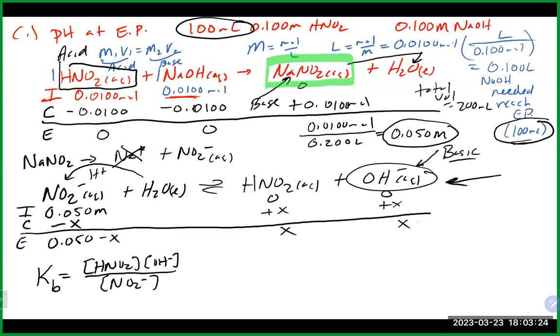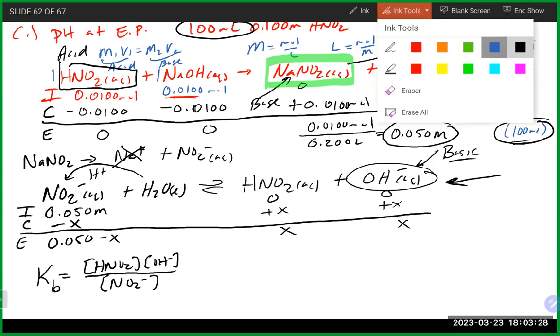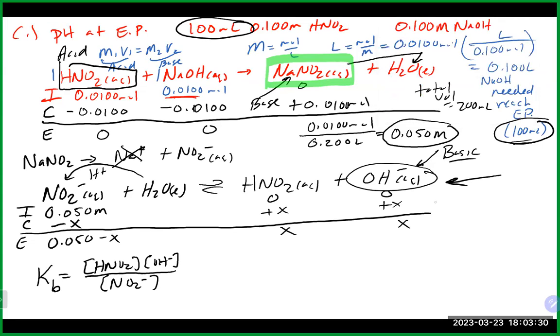So our Kb in this case would equal our Kw divided by our Ka. So our Kb would be 1 times 10 to the minus 14, which is Kw, divided by our Ka, and that was 4.5 times 10 to the minus 4, I think. That is going to give us a Kb value here.